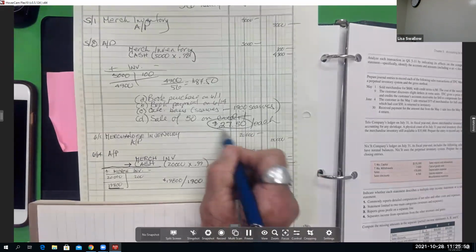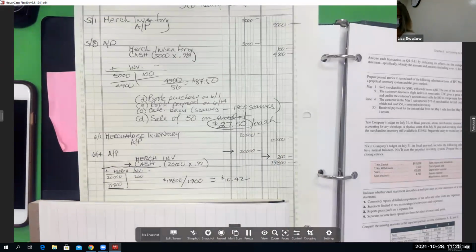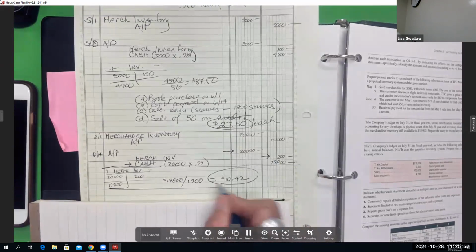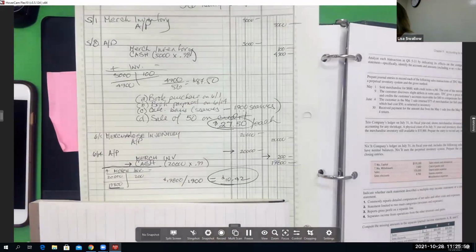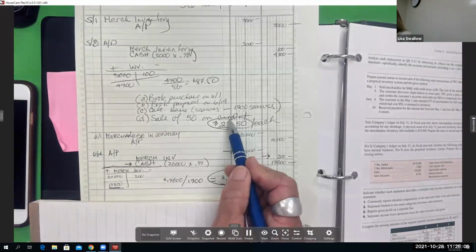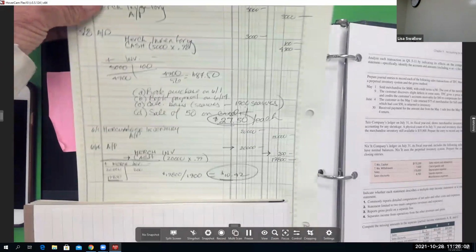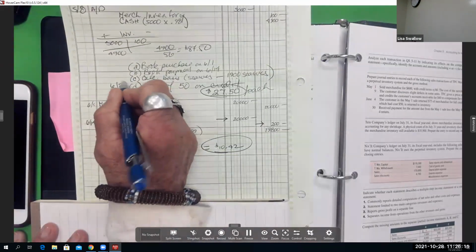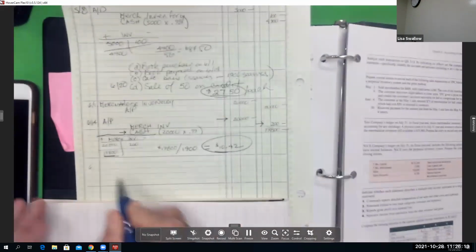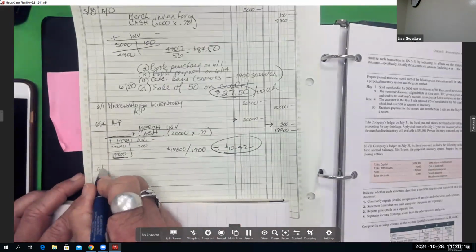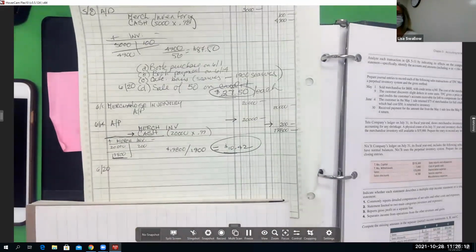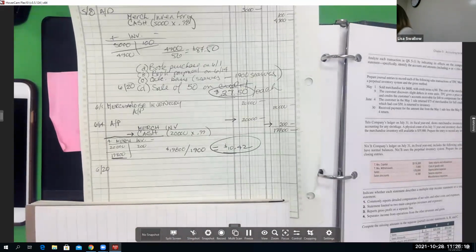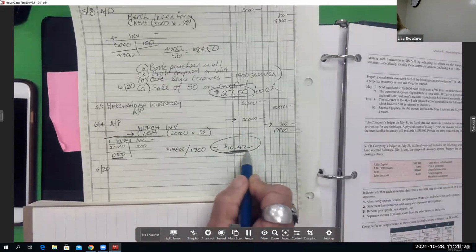I'm selling them for $27.50. My cost basis in them is $10.42. And I sold them on credit. And let's say I did that on the 20th. I can't make the journal entry till I know this number, can I?